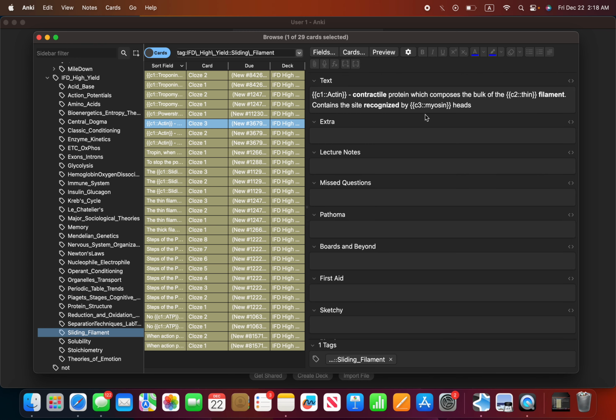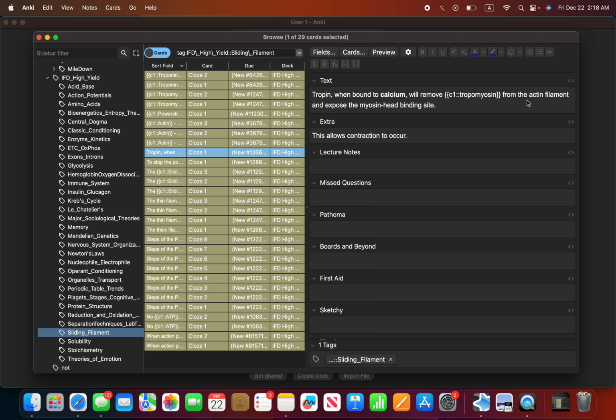There's troponin, and again we see it here. So troponin should be different from tropomyosin. Troponin is bound to calcium. When it's bound to calcium, it will remove tropomyosin from the actin filament and expose the myosin head binding site.